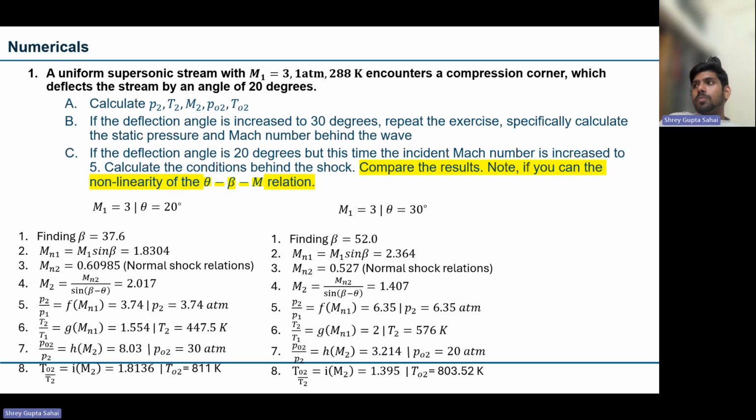M2 decreases, and for sure not by 1.5 times.